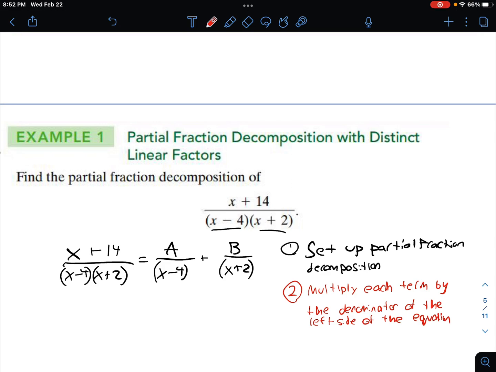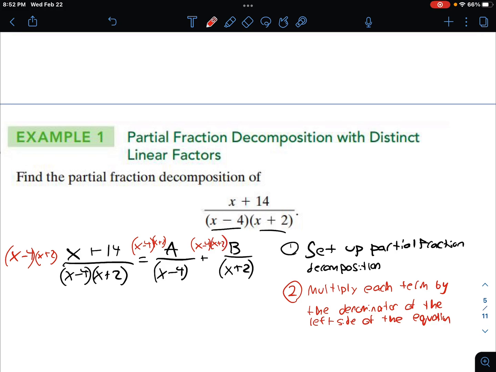And so we're going to end up doing this thing where we have x minus 4 times x plus 2, x minus 4 times x plus 2, x minus 4 times x plus 2.